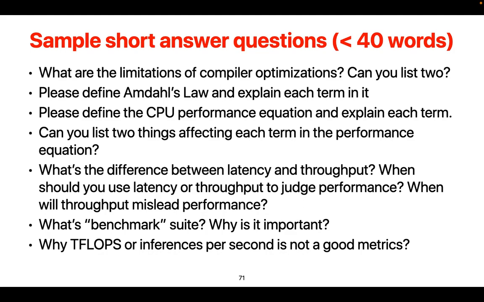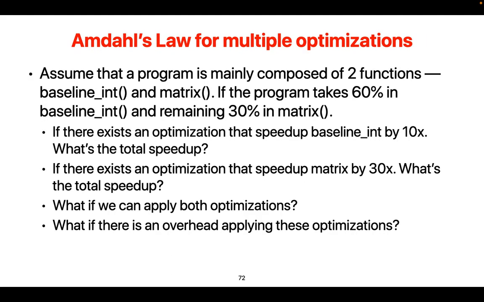What is Amdahl's law? What is the performance equation? As you should know, 2 things affect each term in the performance equation. The difference between latency and throughput. What is a benchmark? What is important? Why do TFLOPS or IPS suck? Amdahl's law, you see this in your homework. A lot of you struggle with it, and I will definitely pick the one you struggle with the most.